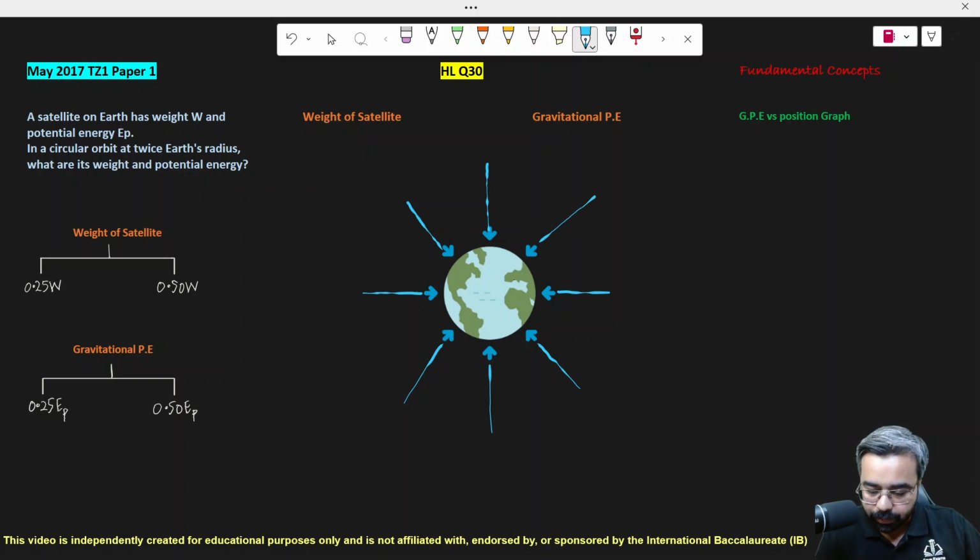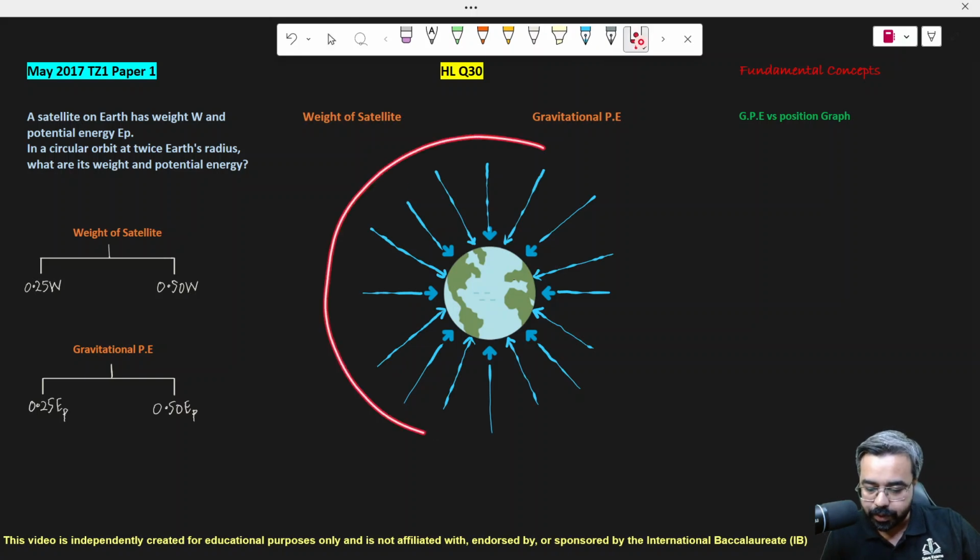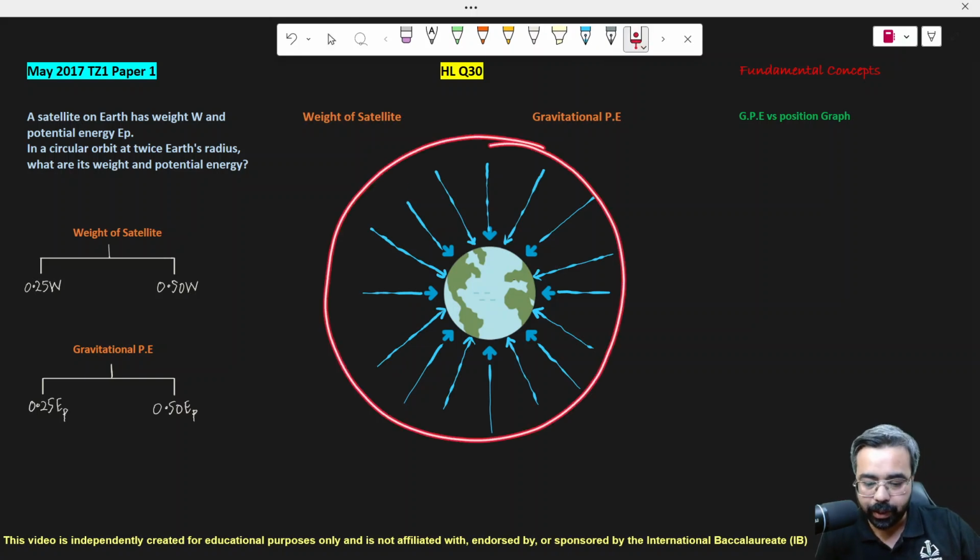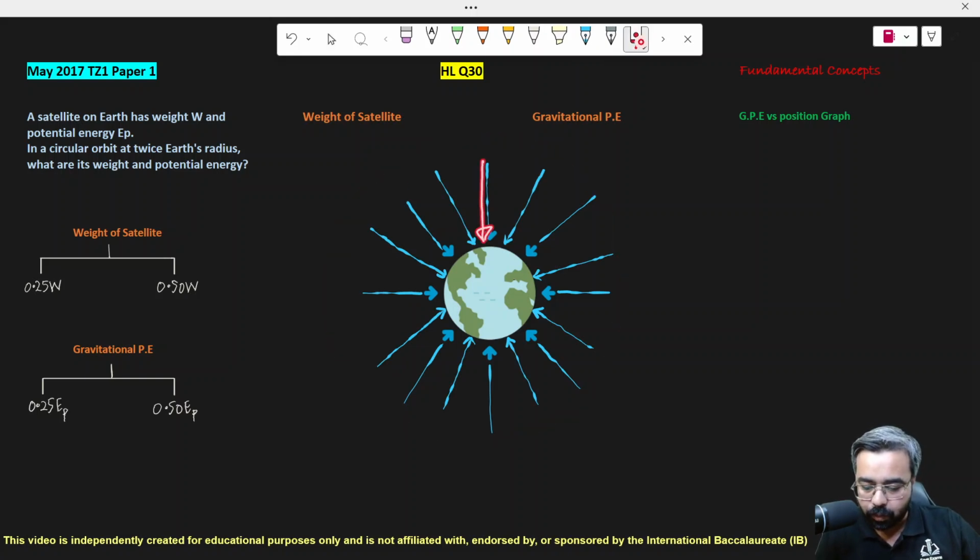This is the visual representation of the gravity of the planet, and all the field lines are towards the center, showing us that the Earth or the planet pulls any object, even if it's a satellite or anything, towards its center. So right now, this is the radius of the Earth, and the satellite was initially at the surface, which we have taken to that point where its distance is 2R.